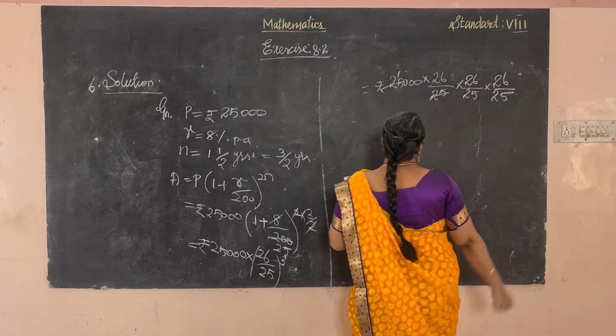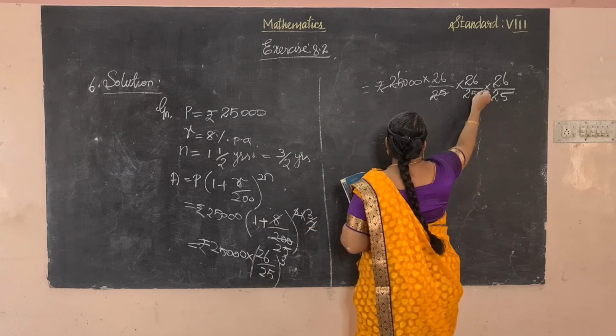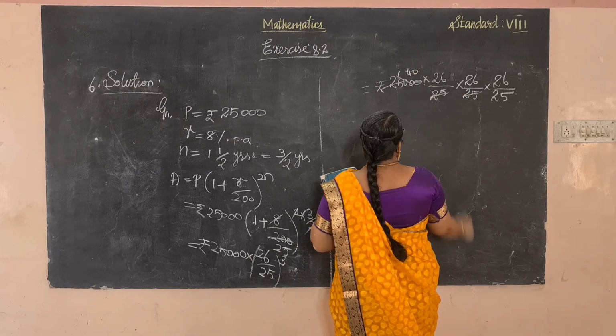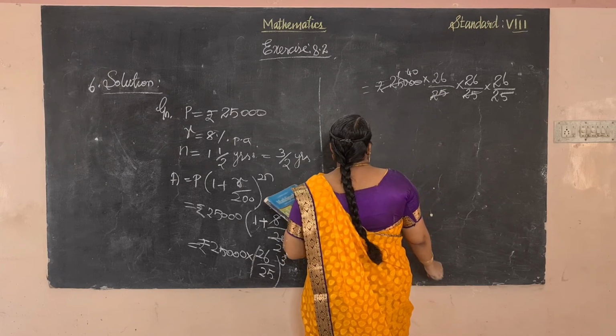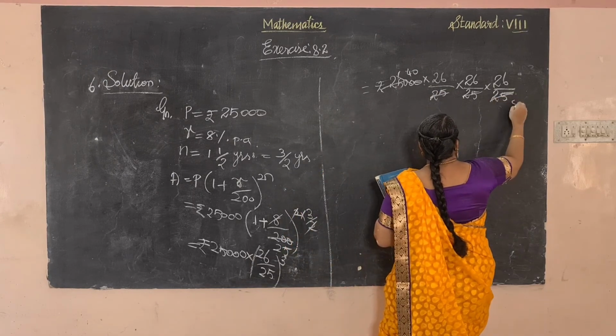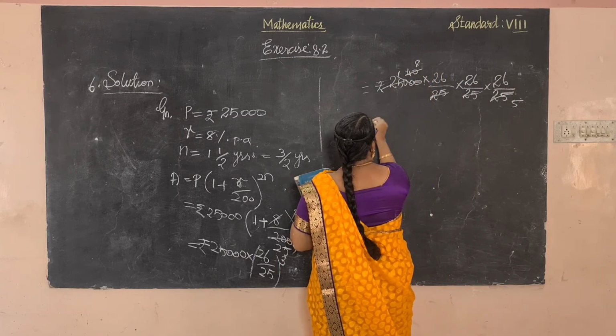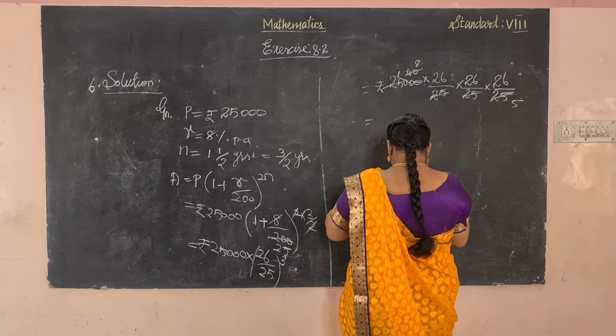Okay, 25 4s are 1000, here 40. 5 8s are 40. So 26 cube.